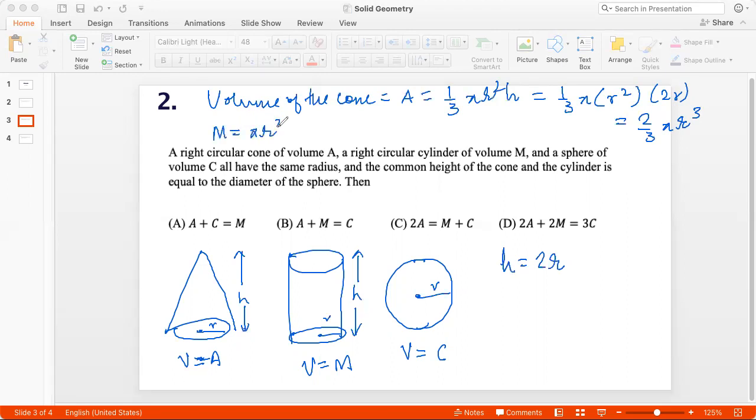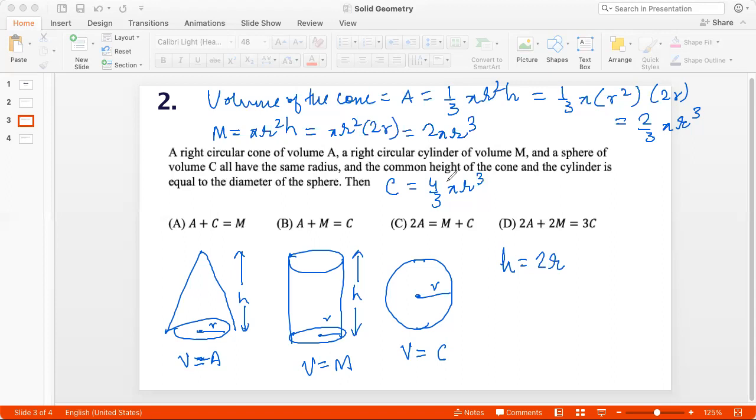M will be pi R squared H, which is pi R squared into 2R, which is 2 pi R cube, right? And what about the volume of the sphere, which is C? That's 4 by 3 pi R cube. So we have the three numbers. A is 2 by 3 pi R cube, M is 2 pi R cube, and C is 4 by 3 pi R cube.